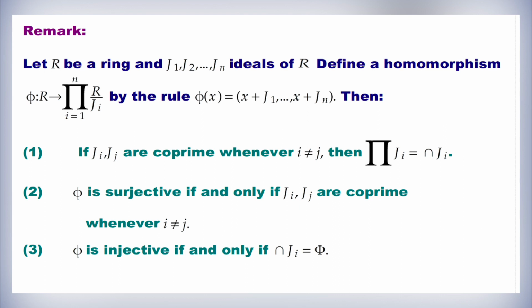Then number 1, if Ji comma Jj are co-prime whenever i not equal to j, then the product of all Ji equals the intersection of all Ji. Number 2, phi is surjective if and only if Ji comma Jj are co-prime whenever i not equal to j. Number 3, phi is injective if and only if the intersection over all Ji equals the empty set.